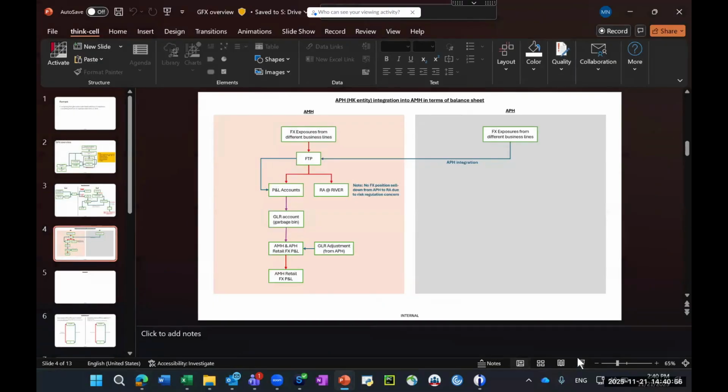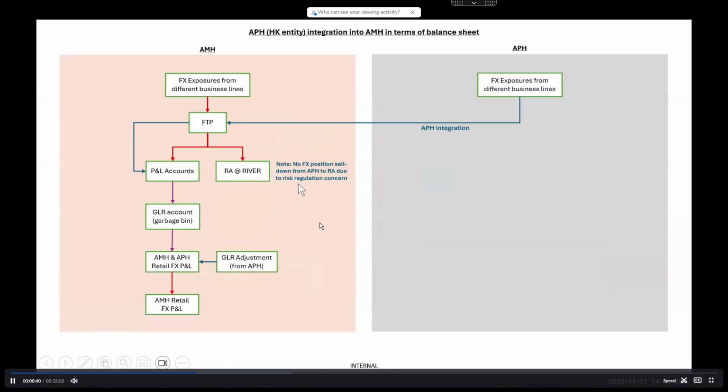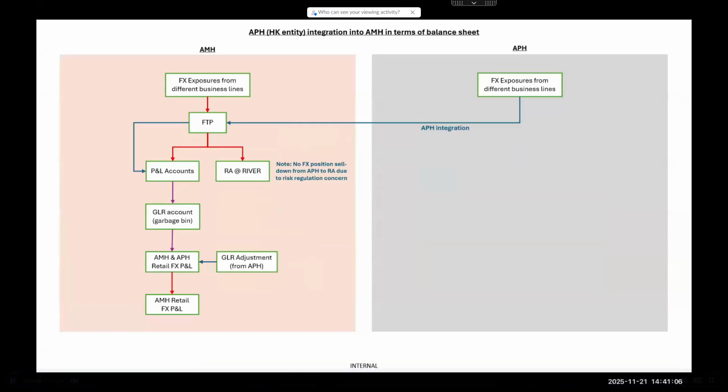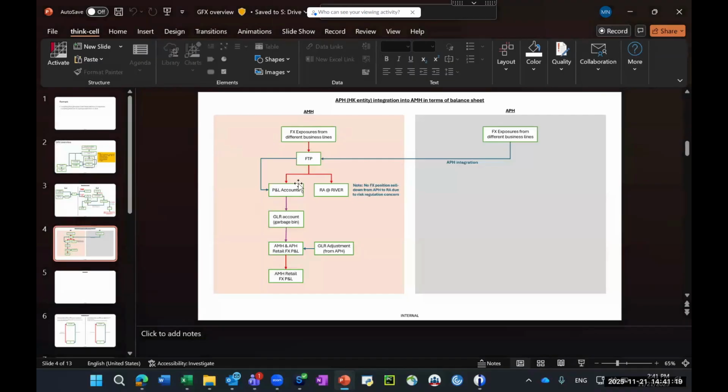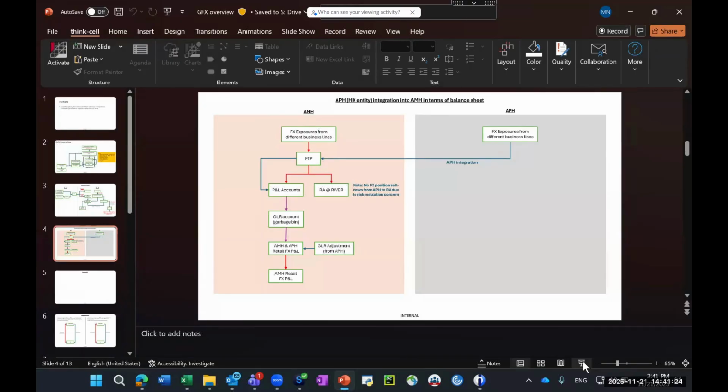But the difference in the treatment is because of some risk regulation concern, so we don't want to manage the FX exposure on behalf of APH, but we want to see the P&L in our accounts. Okay, yeah, so that's the reason why we need to do this action.